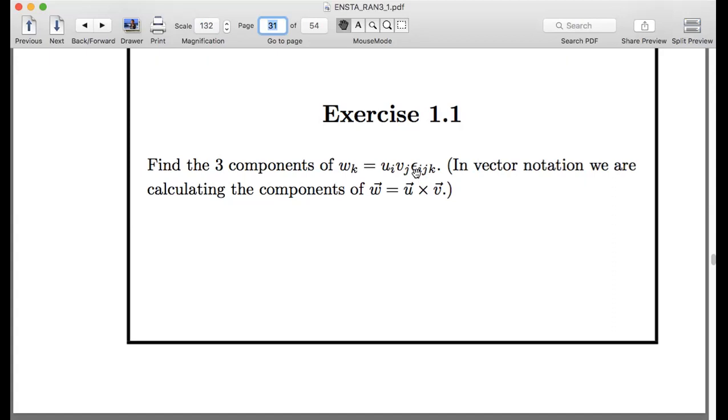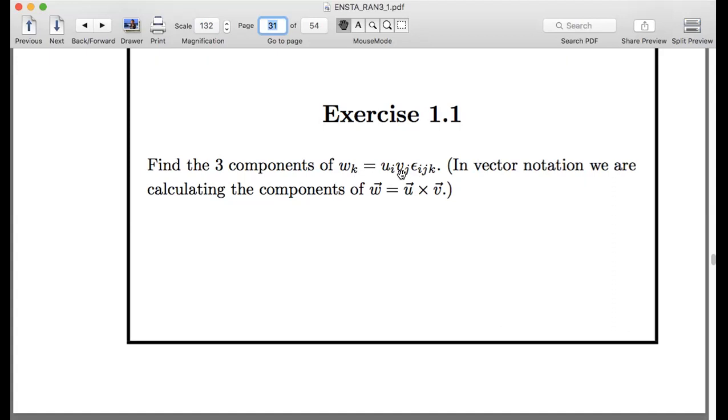So epsilon 2, 3, 1 is an even permutation, so it's +1. So we have +1 times U2 V3. And so that gives us one term in the sum.